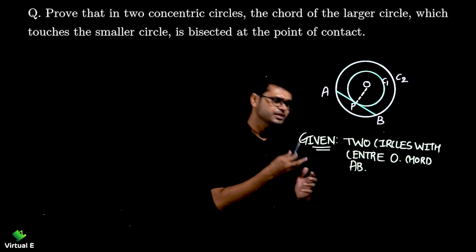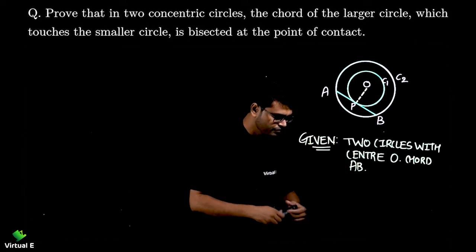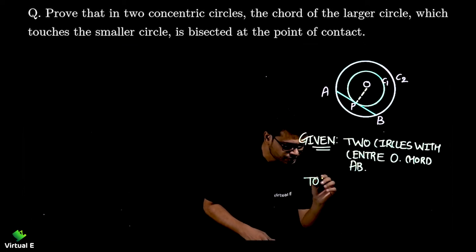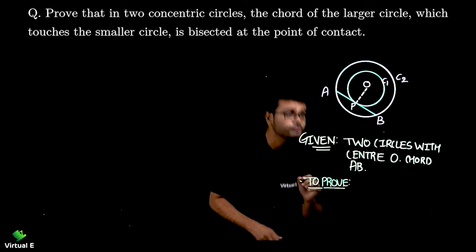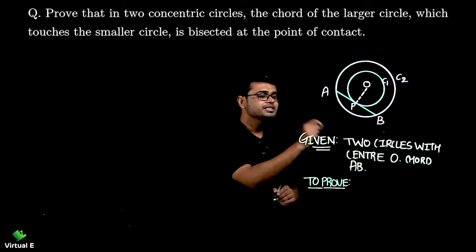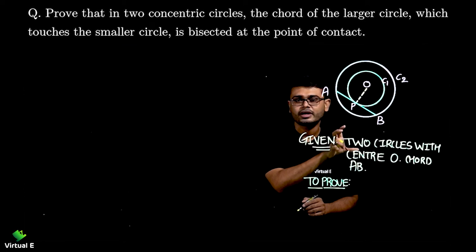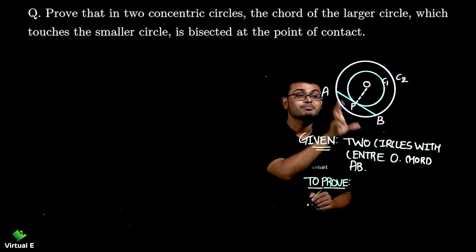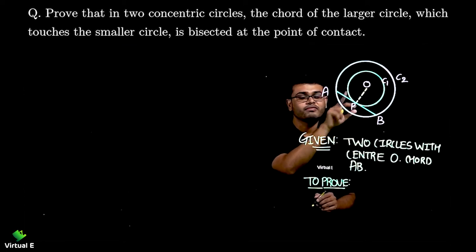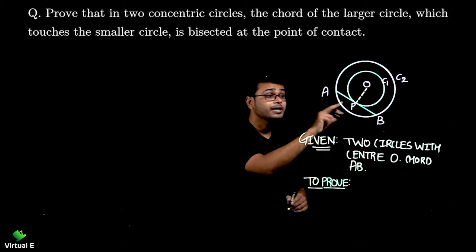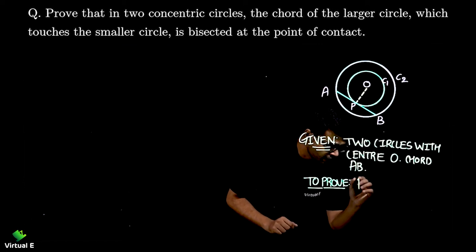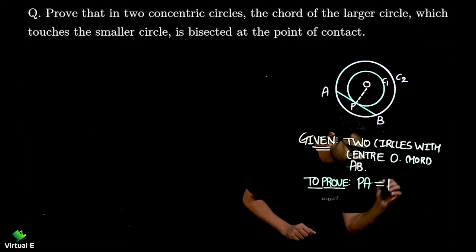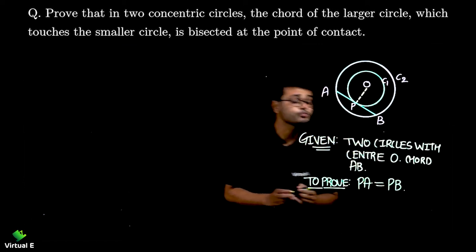You can say AB is the tangent as well. Now what do we need to prove? To prove: AB is bisected at the point of contact, or the chord is bisected at the point of contact. What is the point of contact? P. So we need to prove PA is equal to PB. That's what we need to prove.